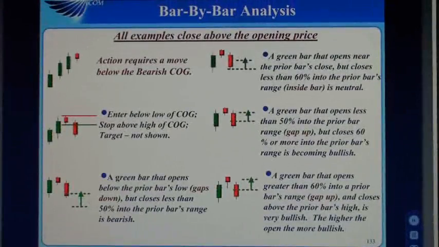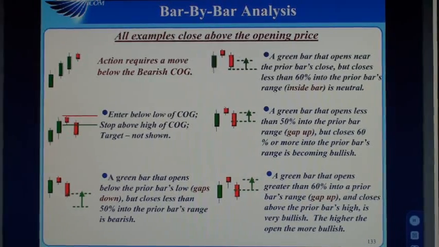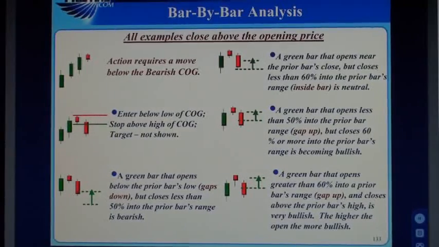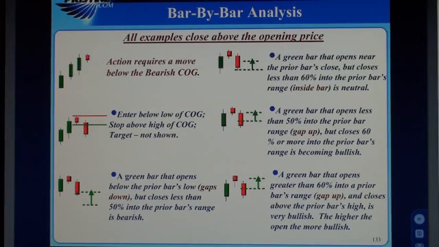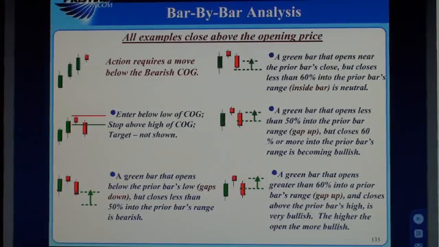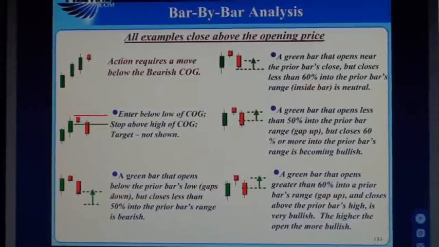Lastly, we have a green bar that opens greater than 60% into the prior red bar's range, a gap up, and closes above the prior bar's high. This is very bullish, and the higher opening is more bullish. Now, with all of these examples, if we were to put bottoming tail bars on any one of them, that would increase the message suggesting that prices are going to move up.